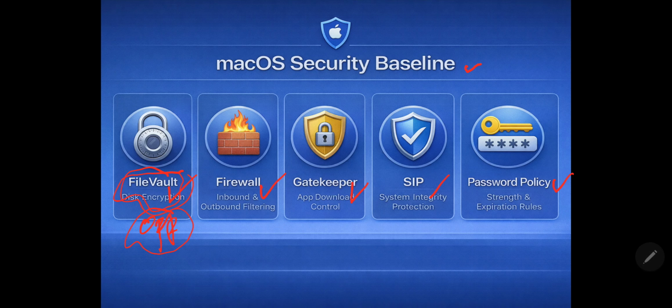The important note is that the built-in macOS firewall mainly handles inbound connections. Outbound traffic control typically requires MDM configuration or third-party tools. Status in macOS: built-in feature, not enabled by default.